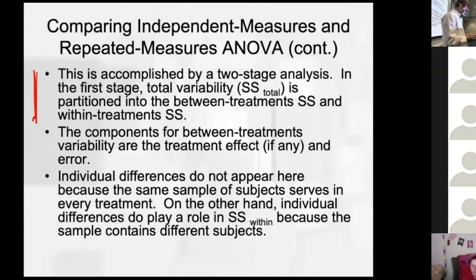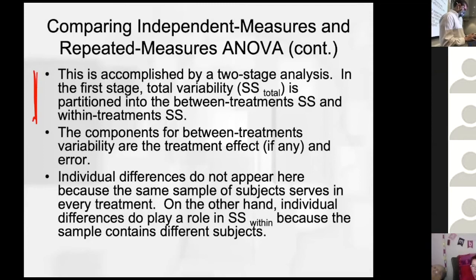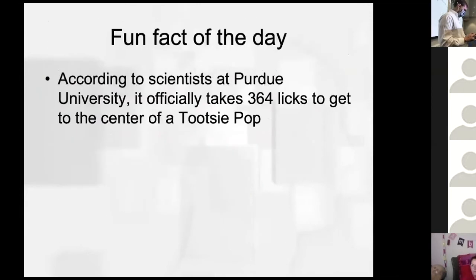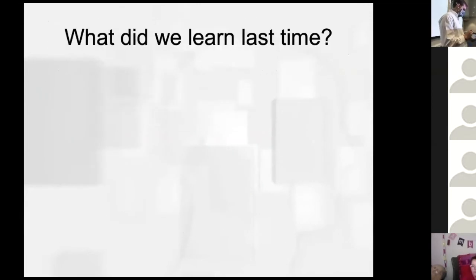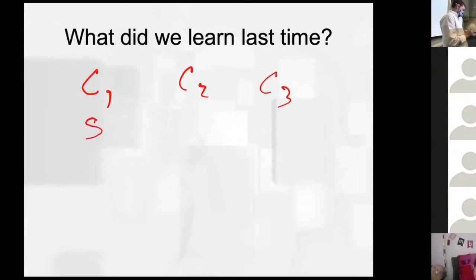So I don't have much room to draw here. Actually, let's go back to the first slide and just draw this. All right. So what that's conceptually saying is we have condition 1, condition 2, condition 3, and we have subject 1, 2, 3, 4, etc. 1, 2, 3, 4.